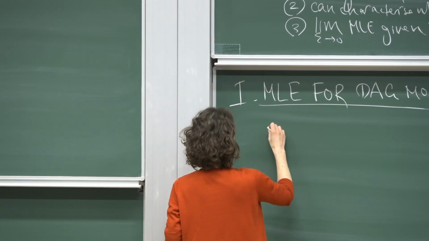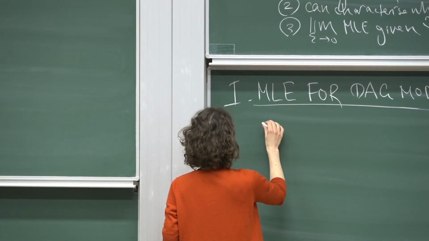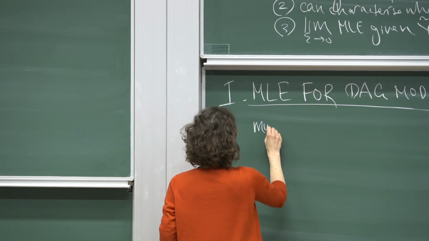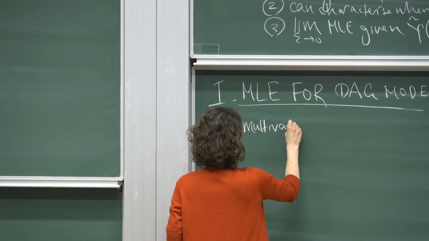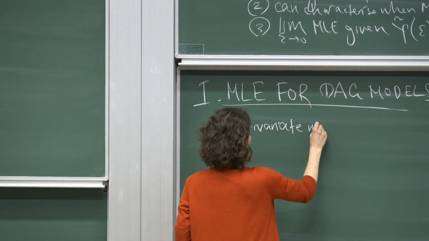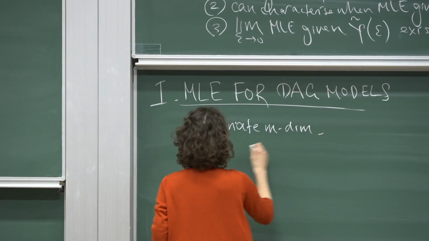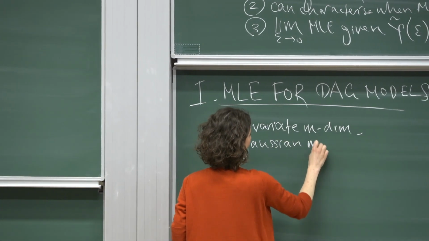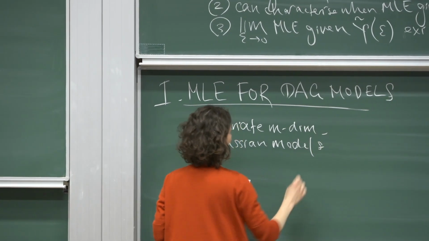Okay, so in general, the class of models that we're working underneath is these multivariate M-dimensional Gaussian models, which I think were introduced in Carlos's talk.